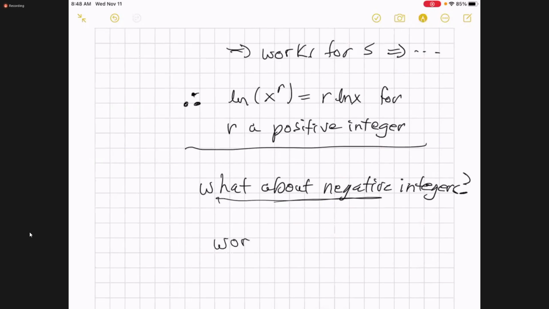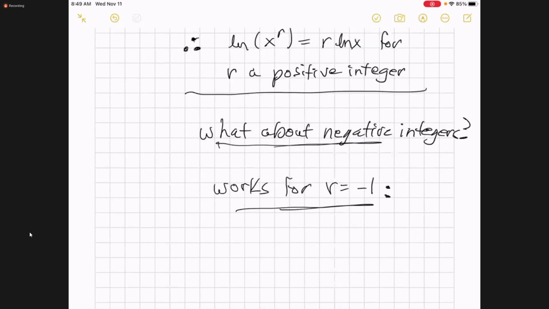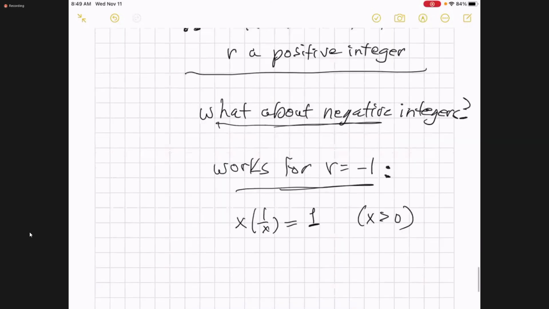I'm going to prove that this rule works for r equal to -1. Because x times 1 over x is 1, for anything in my domain.